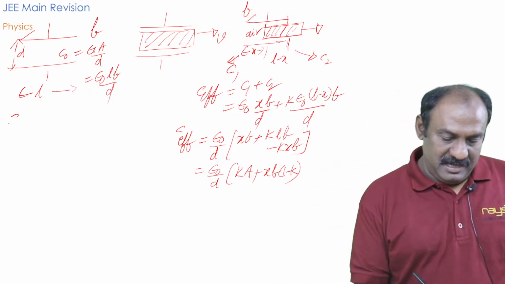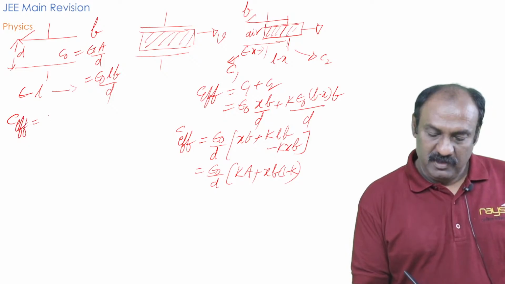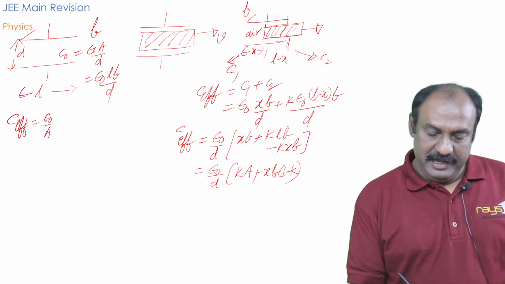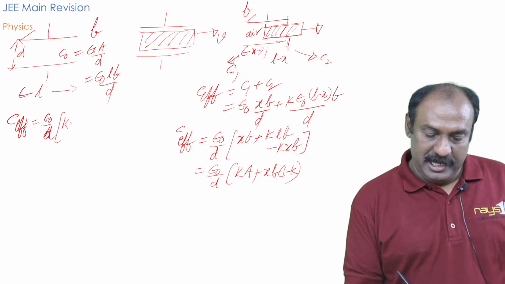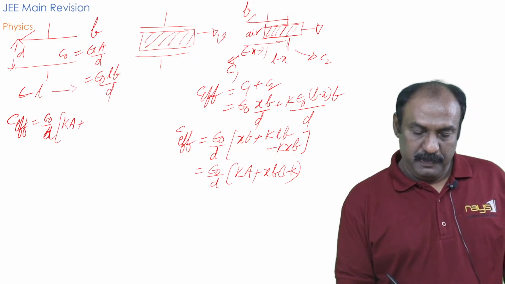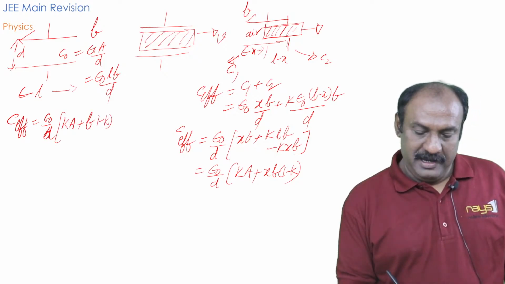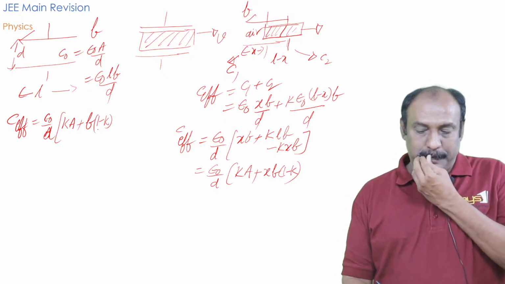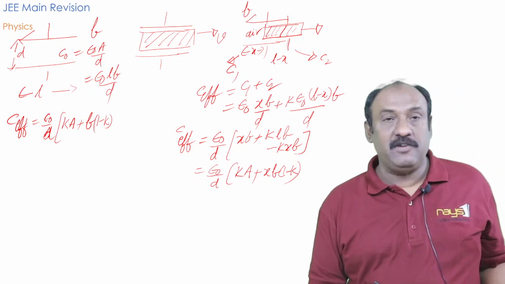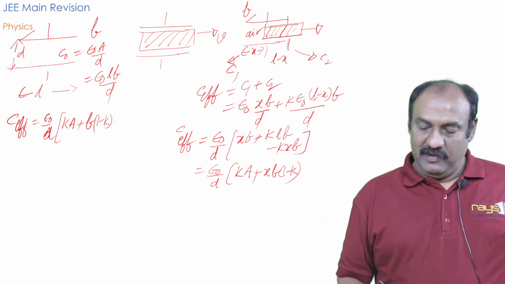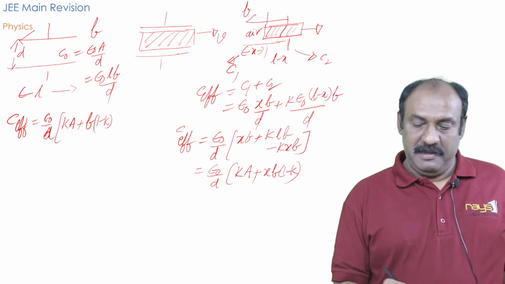So, C effective is equal to epsilon naught by D into Ka plus B into 1 minus K into, in place of x, now what is x here? In place of x I write Vt.